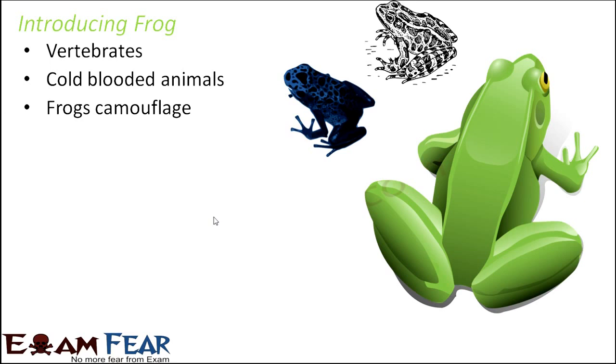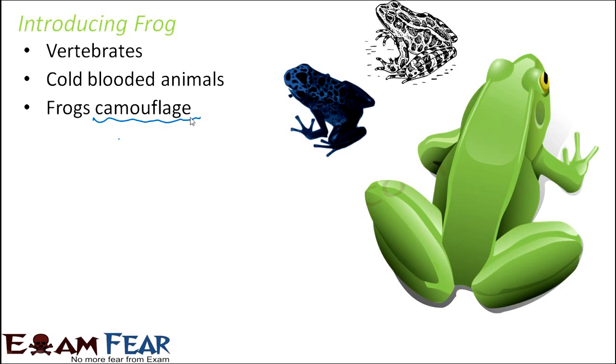Frogs camouflage. What do you mean when I say camouflage? That means they can change their colors depending on the situation. For example, let us suppose a frog is in some area and it suddenly sees a predator who can catch the frog and eat it up. So in order to save itself, what will the frog do? It will change its color.